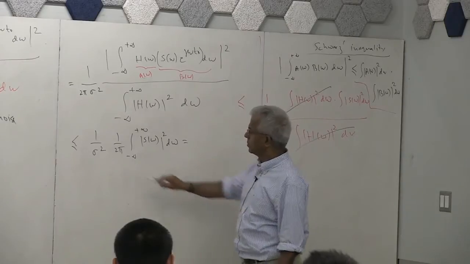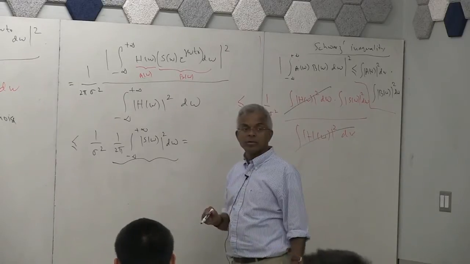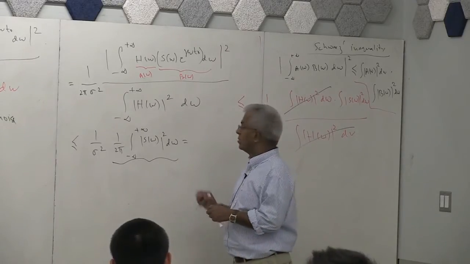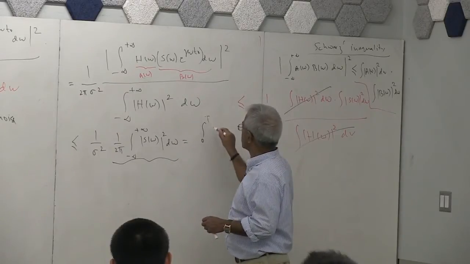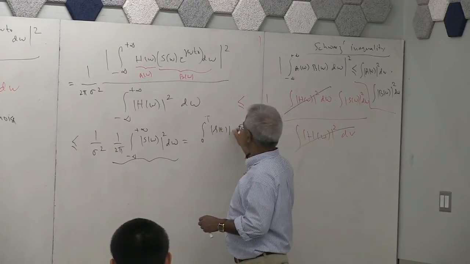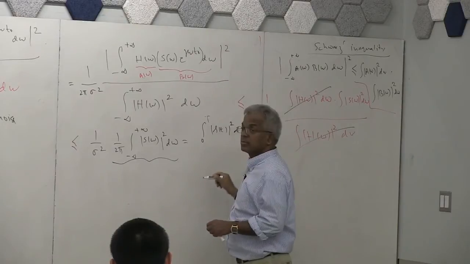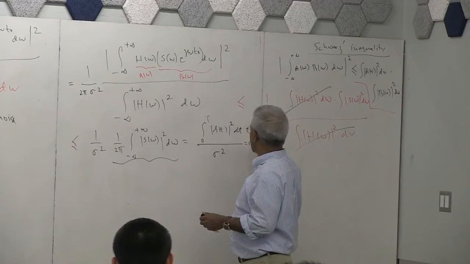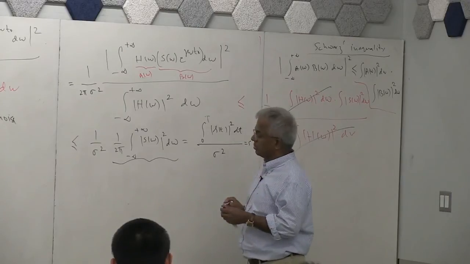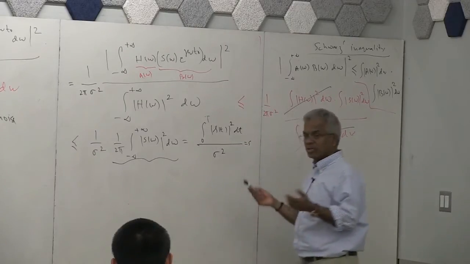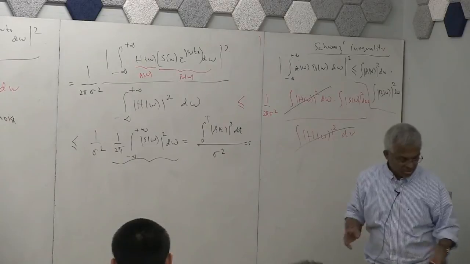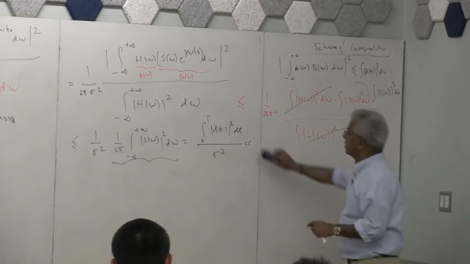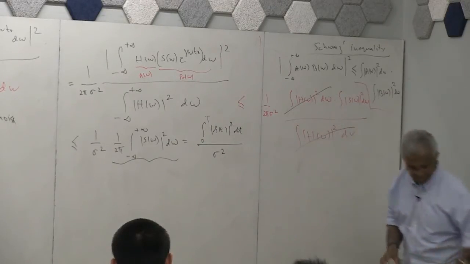Anybody? That's the same as the integral from 0 to T of |s(t)| squared dt by Parseval's theorem. That's the energy of the signal over sigma squared. So this happens to be the signal to noise ratio, or we can simply call it E over N naught, or whatever.